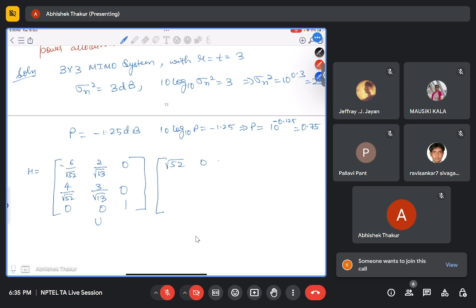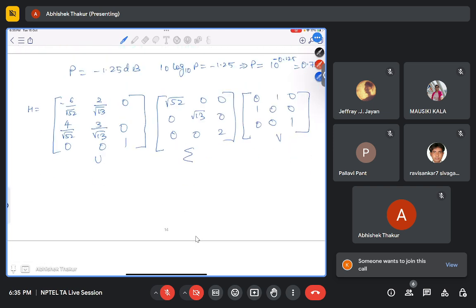Singular value matrix will be this, and this is given as sigma, and the matrix B is 0 1 0 1 0 0 0 0 1.